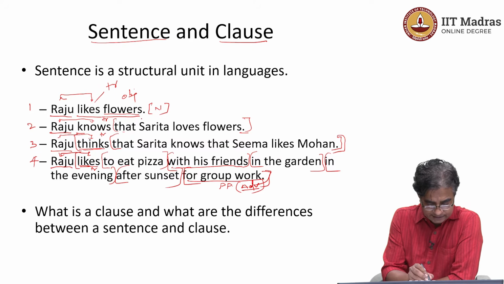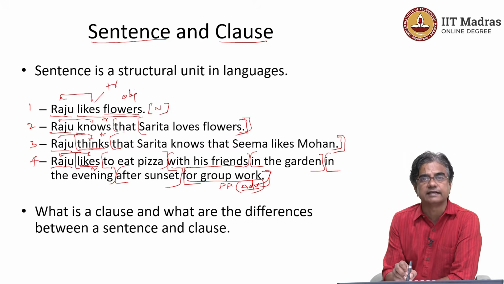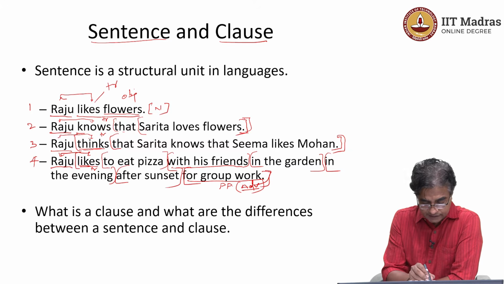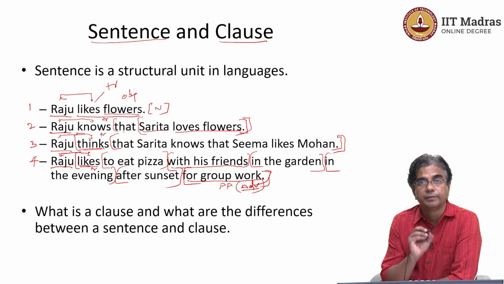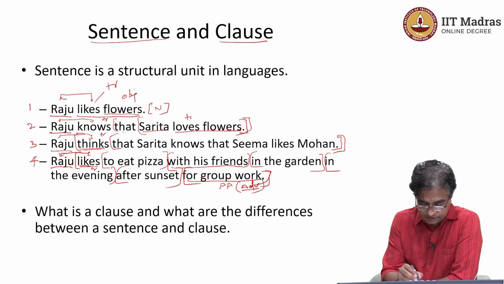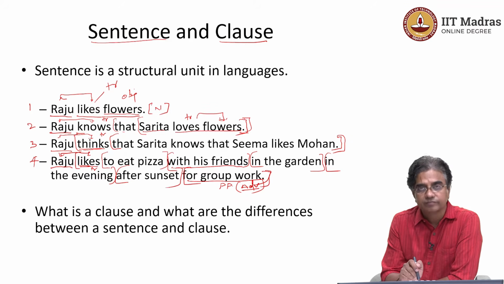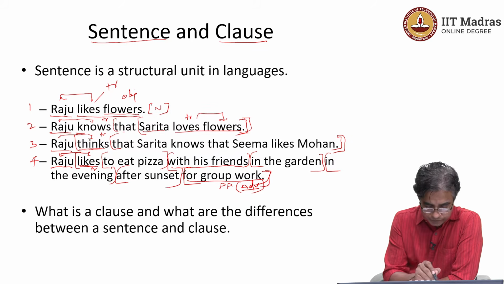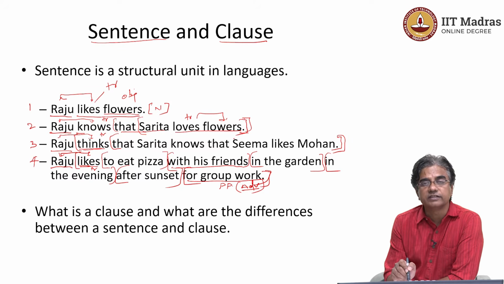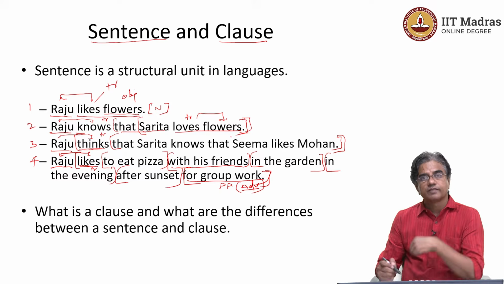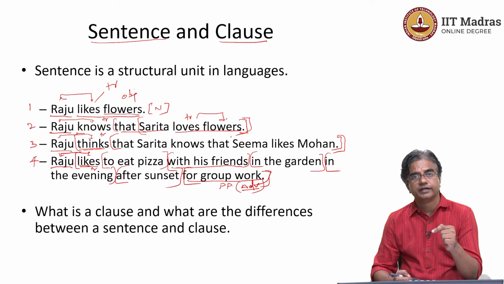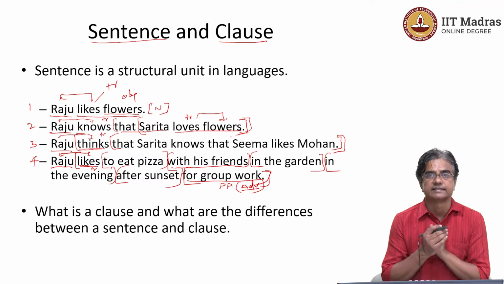It's more than a sentence, where Sarita loves flowers is another sentence: Sarita is the subject, loves flowers is the predicate, loves is a transitive verb, and flowers is the object of that verb. So this becomes a clause. That Sarita loves flowers is a clause which is embedded within the larger sentence.